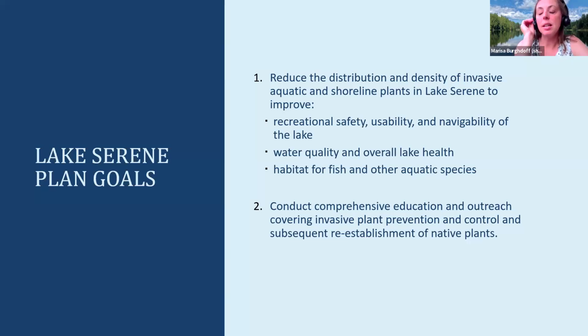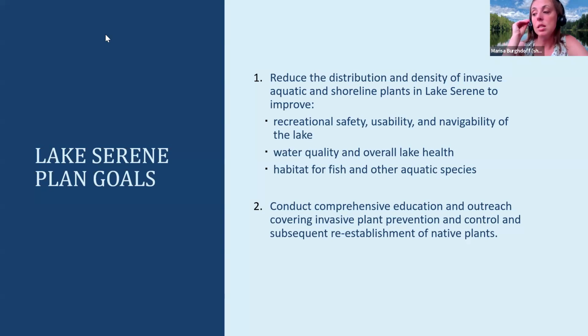So we started, as I mentioned, with the plan goals. The plan goal is to reduce the distribution and density of invasive aquatic and shoreline plants in Lake Serene to improve recreational safety, usability, and navigability of the lake, water quality and overall lake health, and habitat for fish and other aquatic species.